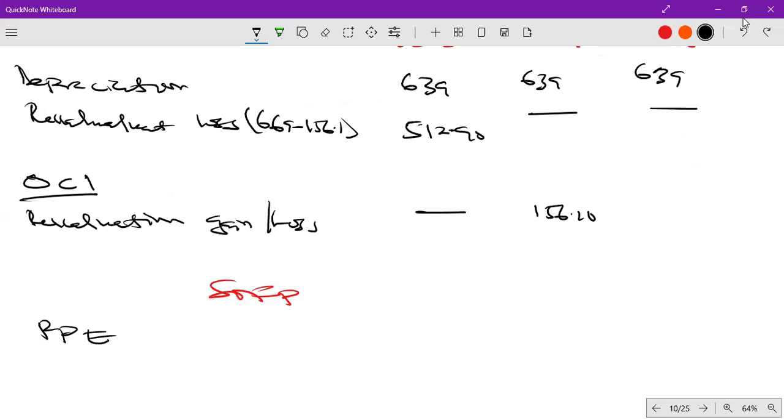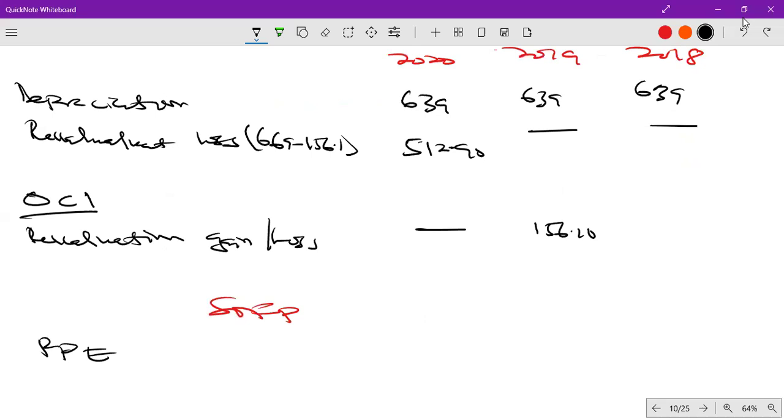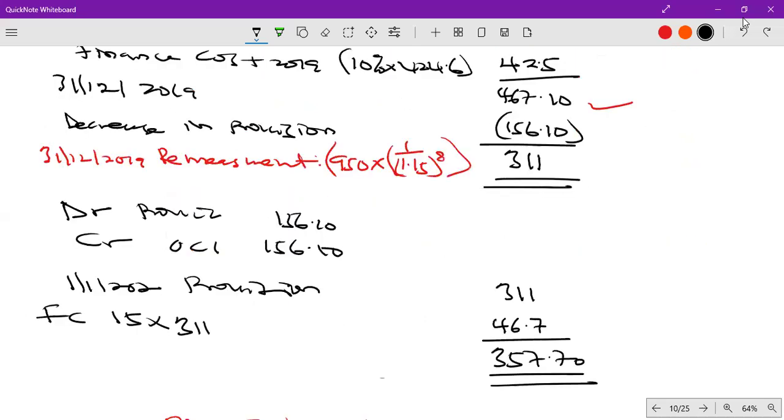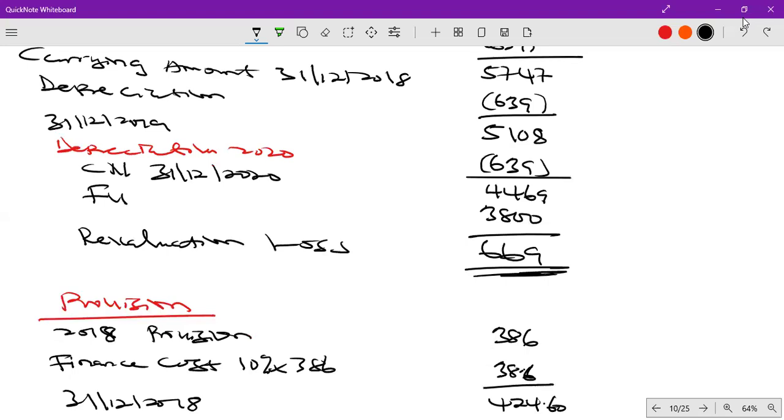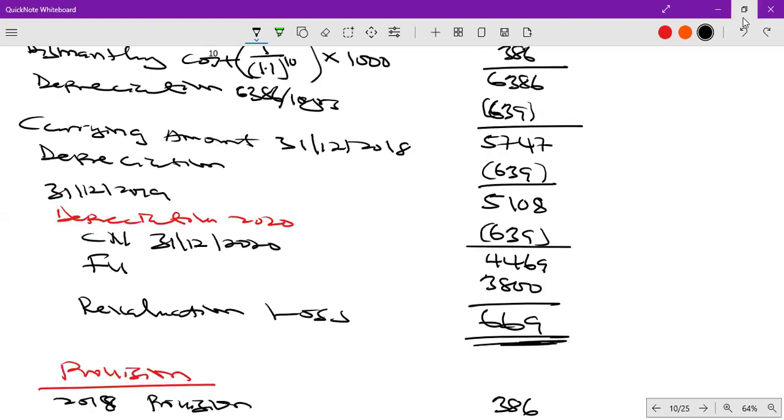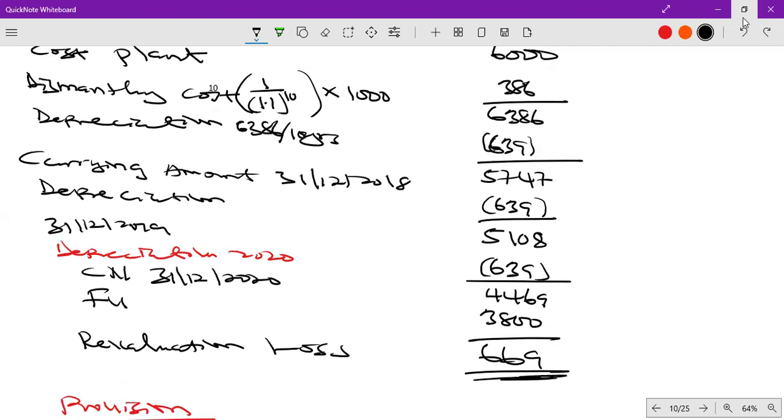In 2020, what was the carrying amount? 3,800.